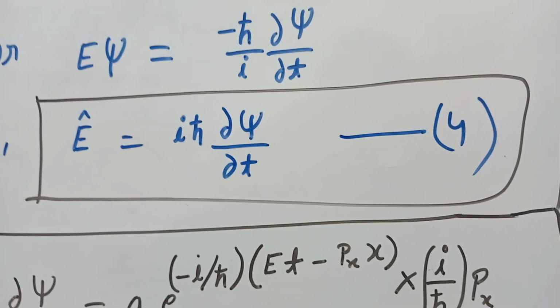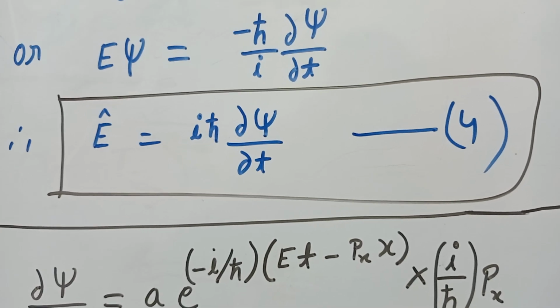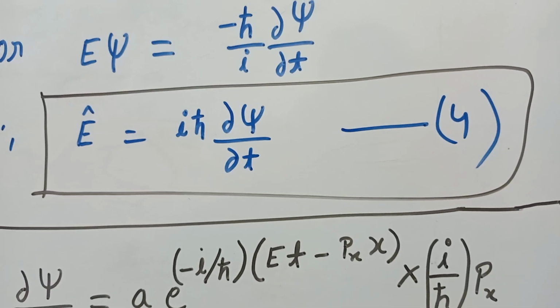But we know from equation number 4 that E is equal to i h cut del by del t.